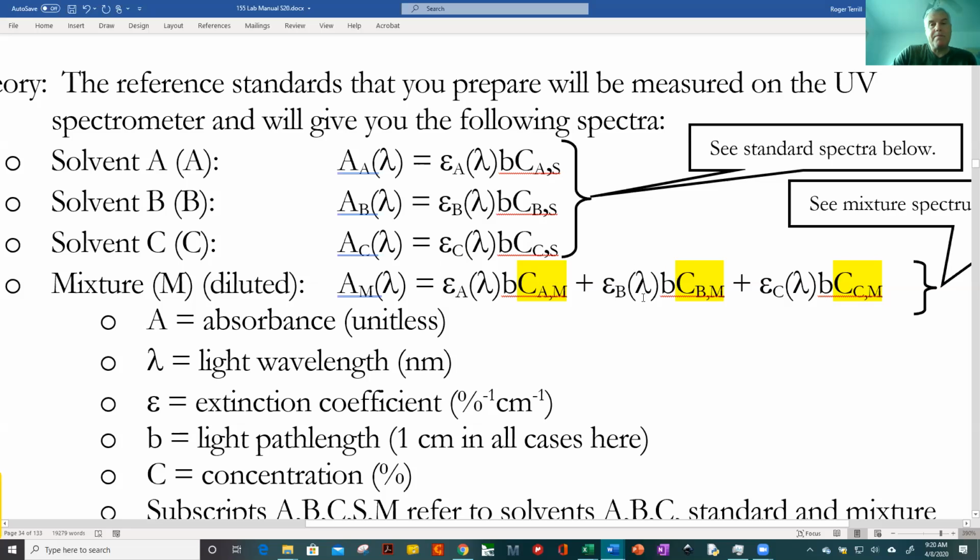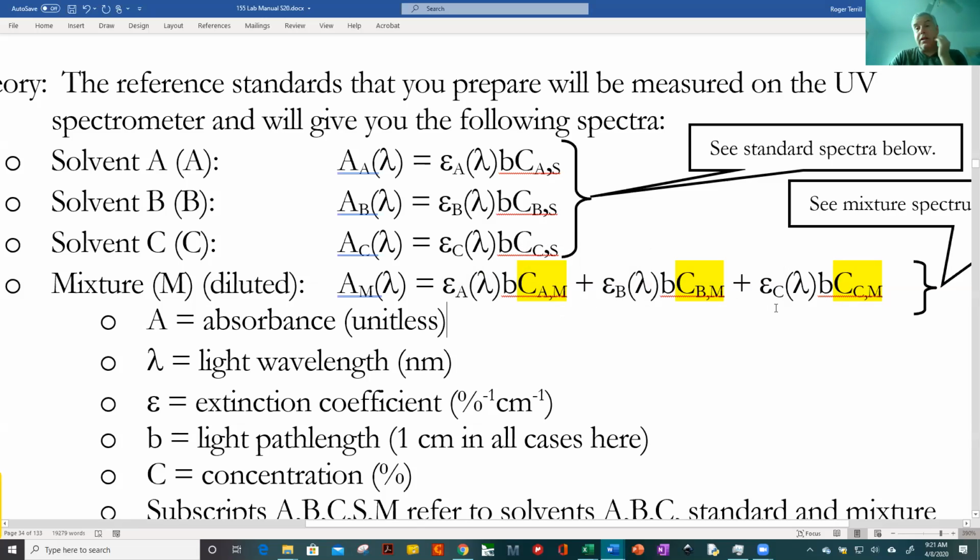What I'm saying is that the spectra of acetone and the spectra of benzene overlap completely.